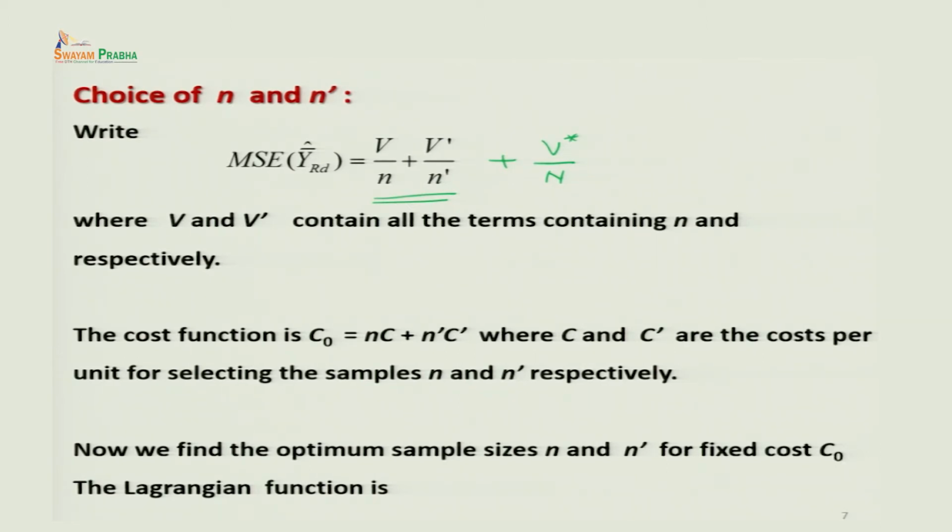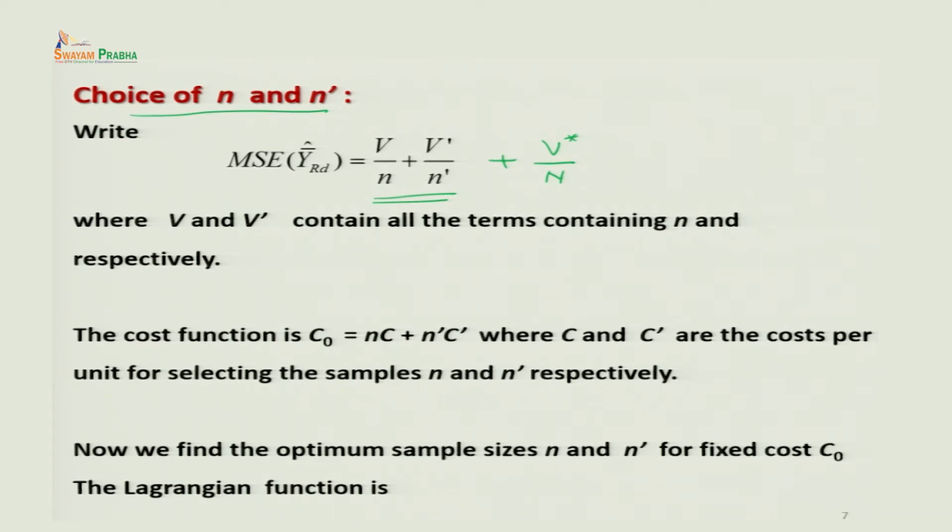Actually, I want to find out what the optimal choices for this n prime are. Obviously, when you suggest the double sampling to any experimenter, the experimenter will have the first question: please let me know what my sample sizes in the first and second phases should be. So, one option is that we can find the values of n and n prime based on the cost function.